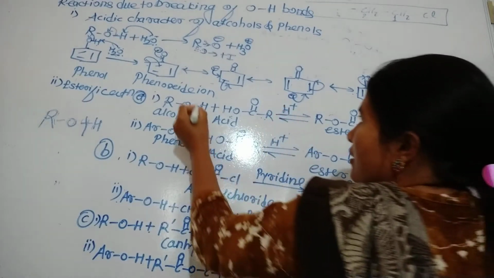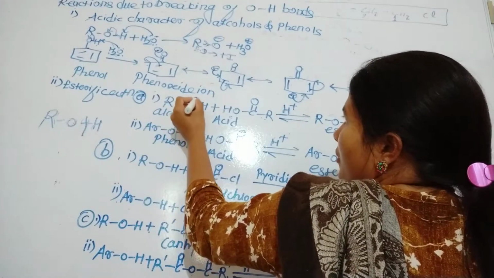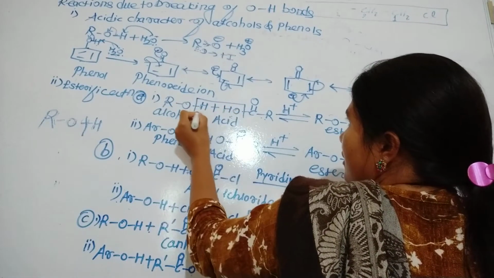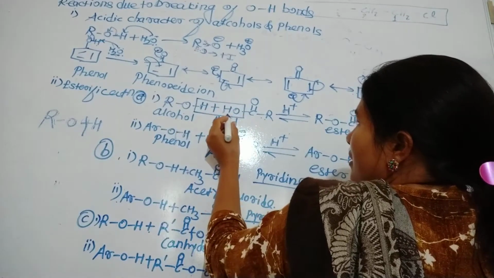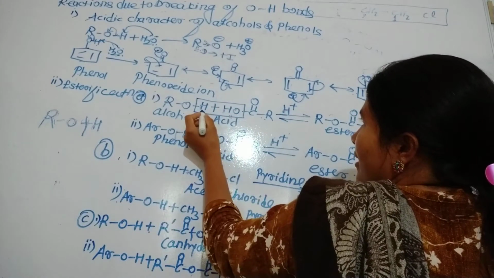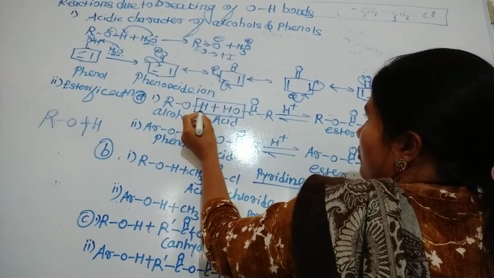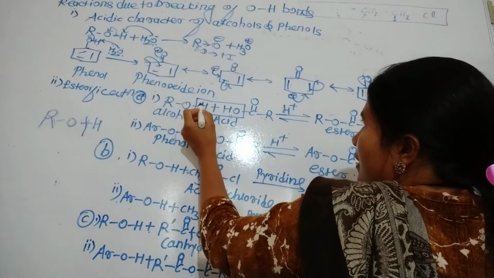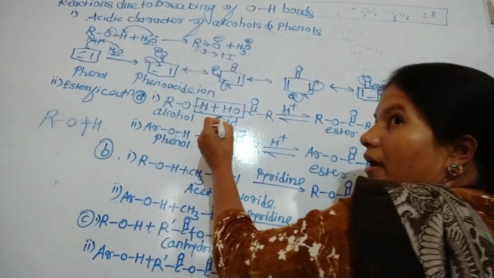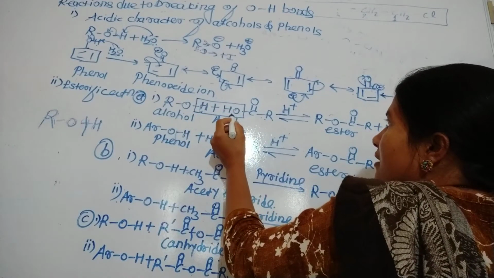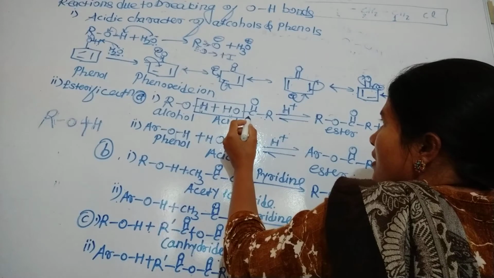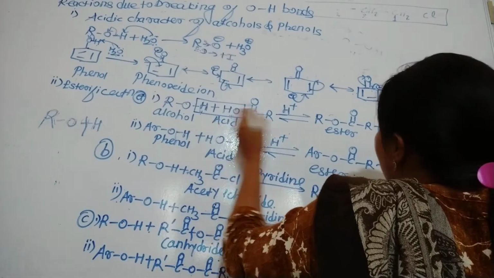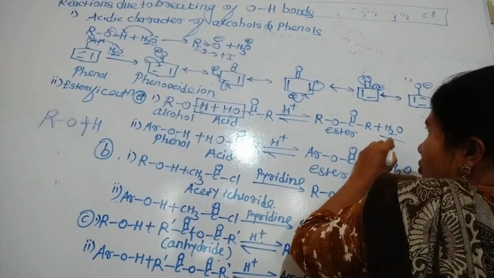In the alcohol, the bond between oxygen and hydrogen breaks, and the OH from the carboxylic acid and the H combine together, with loss of a water molecule. That means this OH and H combine together and form H2O.